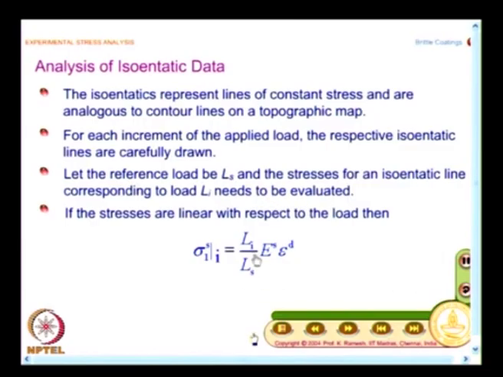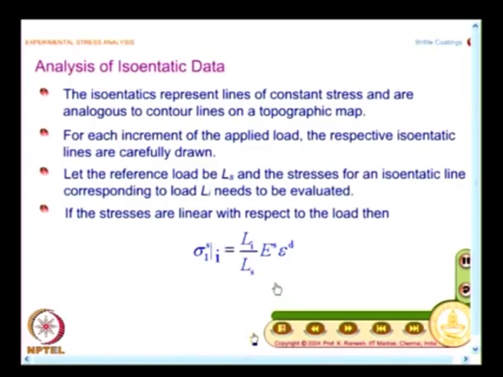And for the reference load, I have the failure strain epsilon d, and for the given load it becomes Li divided by Ls into Es into epsilon d. So, I get the value of the specimen stress at the isoentatic line given by this expression.